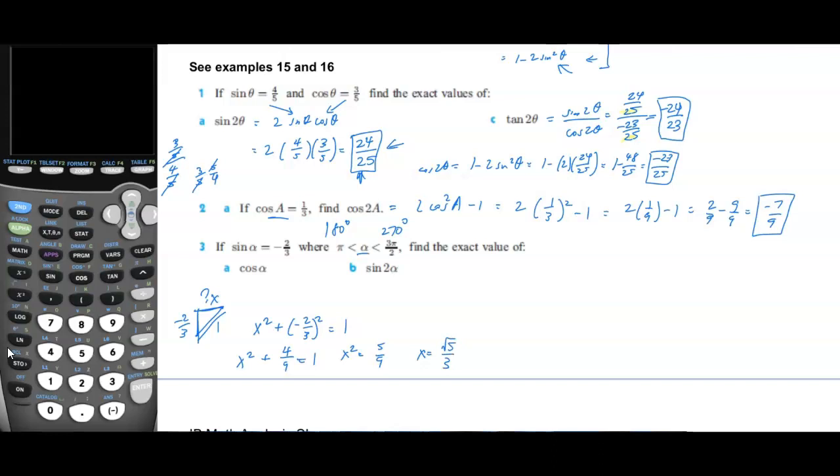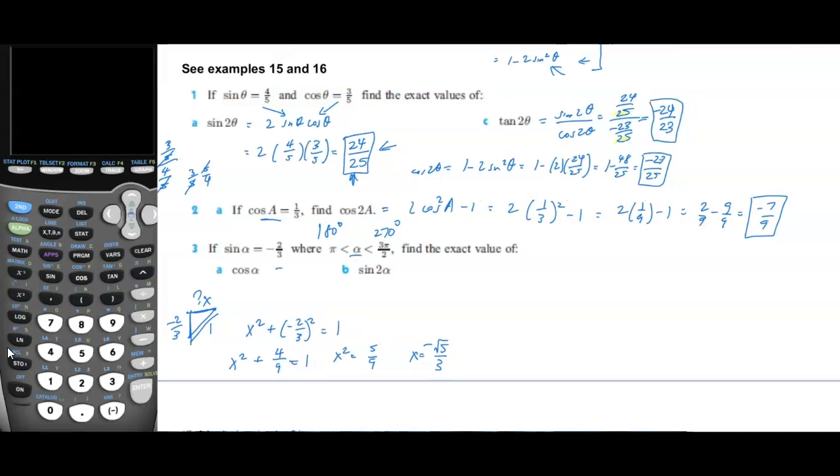Okay, and is it a positive value or a negative value? Well, the x value is going backwards, so it would be a negative square root of 5 over 3. When I took the square root, I need to put plus or minus, right? But in this case, I know that the cosine value is negative from the drawing, so that's why cosine is equal to negative square root of 5 over 3.